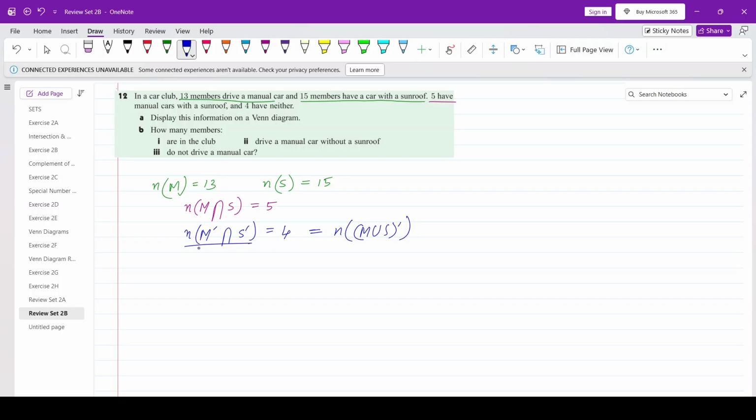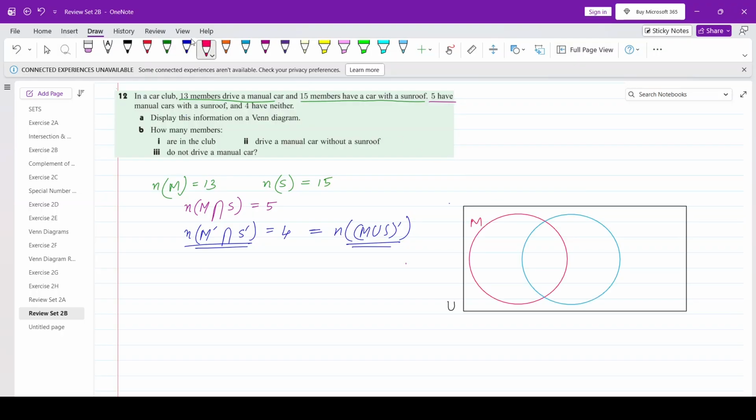So this is for manual car, this is for car with sunroof, and we know the intersection has 5 members. Manual cars 13. 13 minus 5 is going to be 8. Sunroof cars is 15. 15 minus 5 is going to be 10. And members with neither of the cars is 4.